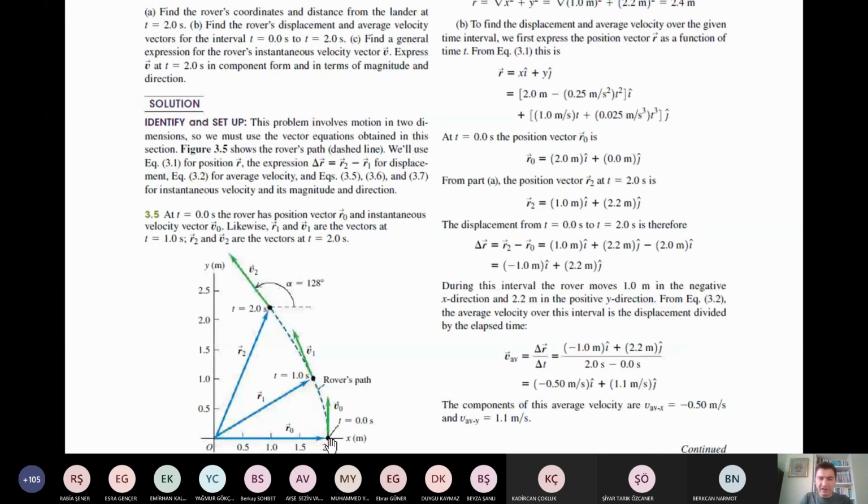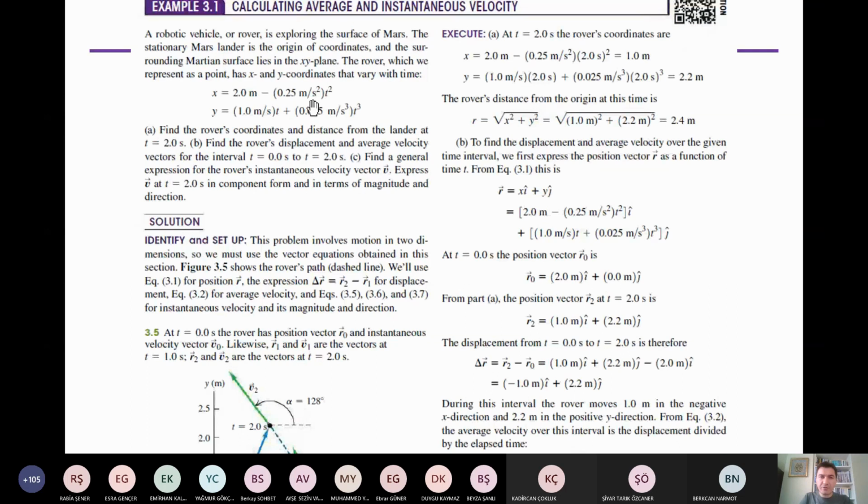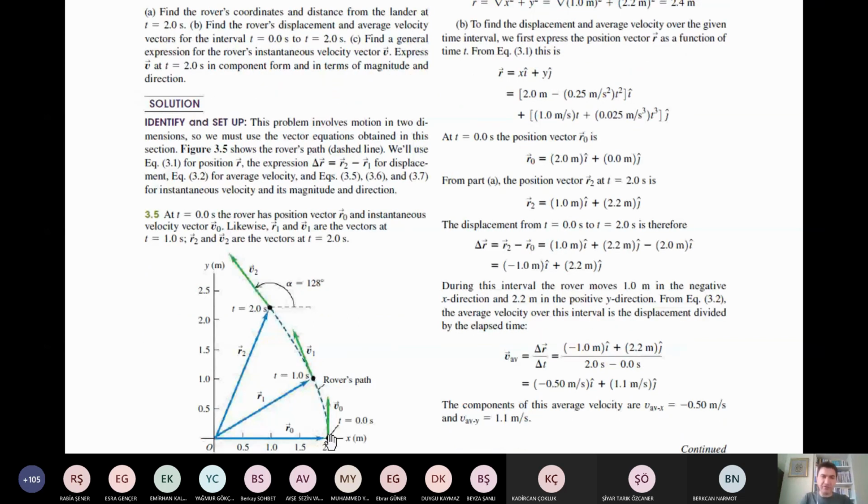Okay, it has just an x component. And when the time is 0, this component of y will be 0, right? And then y will be 0. So when the time is 0, there is no y component. So we have just this position for the rover on the Martian surface.